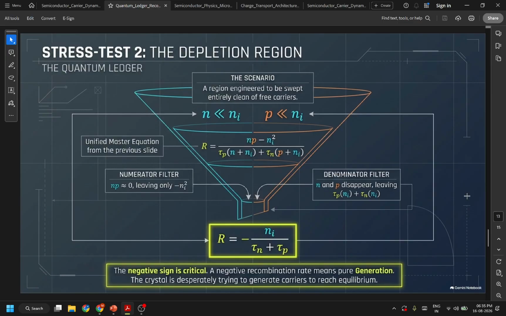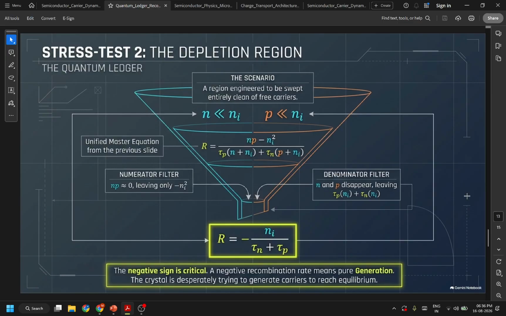Next we come to the depletion region. So we have a PN junction here. The depletion region is a region engineered to be swept entirely clean of free carriers. So there are no free carriers in the depletion region, such that n is less than ni and p is less than ni. So in the numerator, np minus ni squared, because n and p are both less than ni, the np term will be negligible, so the ni squared term will remain.